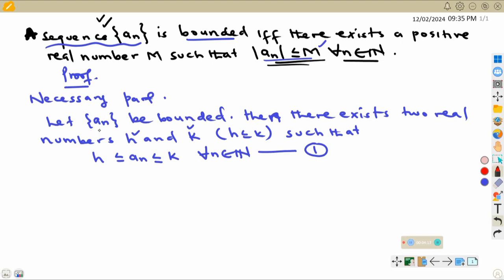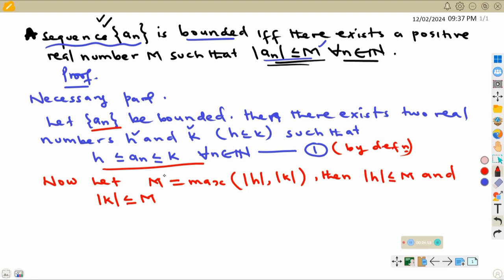We are taking an assumption that our sequence is bounded, and if it is bounded, as we have seen, then the terms of this sequence must be lying within two real numbers. So that is from the definition: for a sequence to be bounded, this is true.